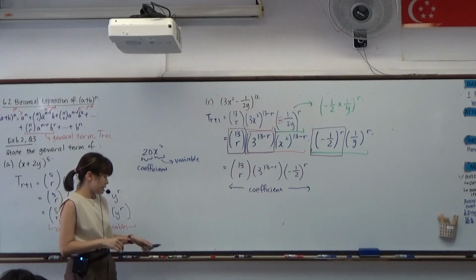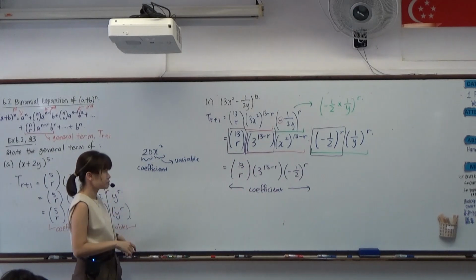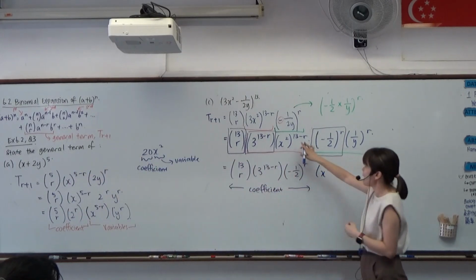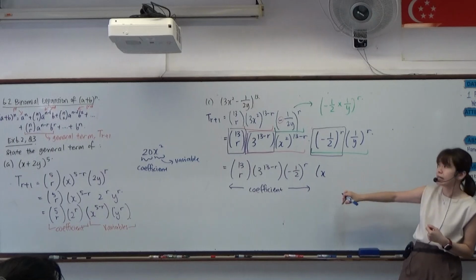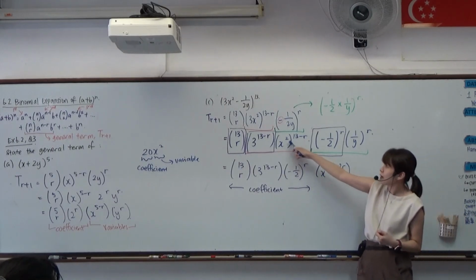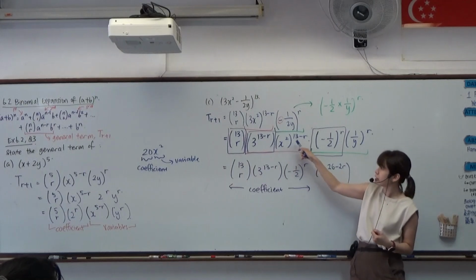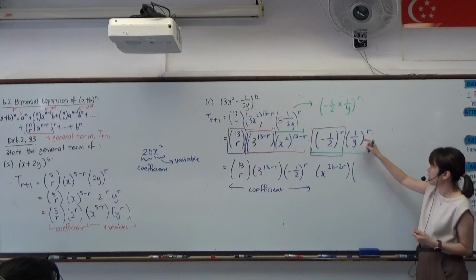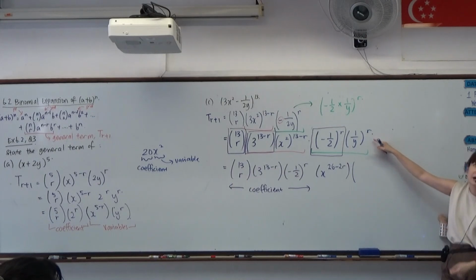Then the remaining will be your x squared to the power of 13 minus r, which we can simplify to 26 minus 2r. Powers will have to multiply in this case. Followed by 1 over y to the power of r.